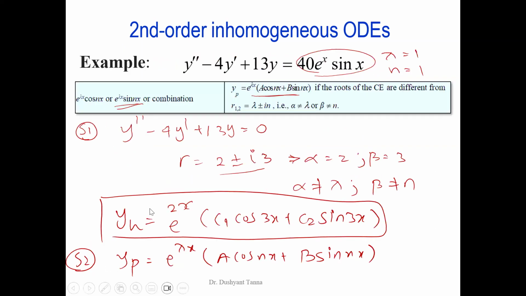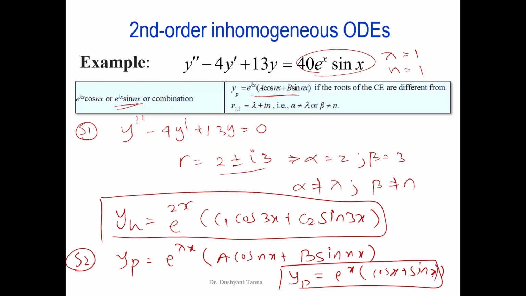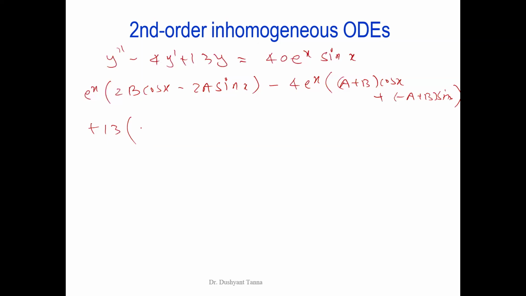Lambda and n are 1, so you can write e^x (cos x + sin x). And that is your y, of course yp, but that's the same as y. 13 times e^x (a cos x + b sin x), equals 40e^x sin x.